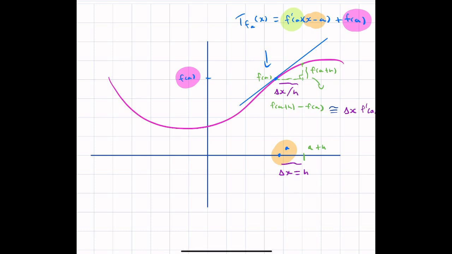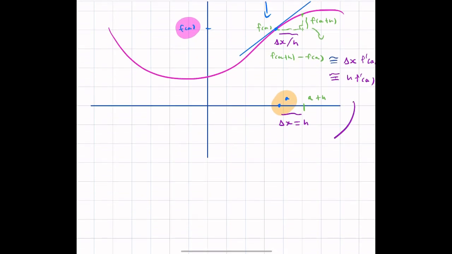If we're calling it h, then this thing is approximately equal to h times f prime of A. And this is of course for small h or delta x.